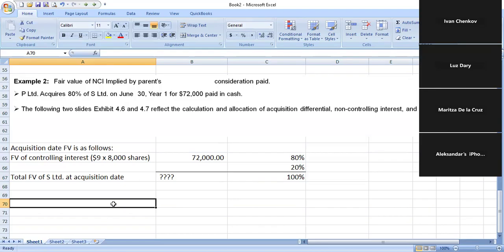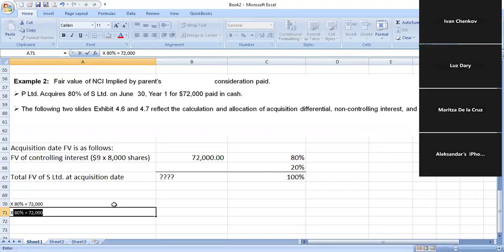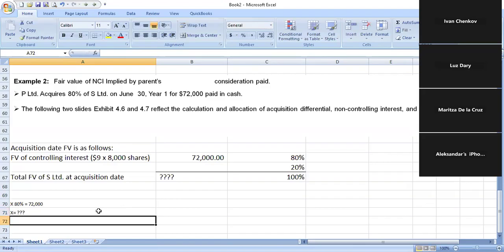So the question is, I have X, an amount that I don't know. Once I pay 80% of that amount, I'm paying $72,000. The question is, how much is X? The 100% is 90. Right? That's the question.